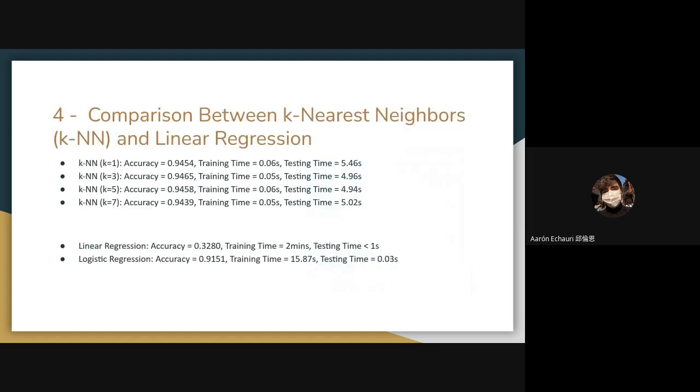But you can see that, for example, if we apply KNN, K nearest neighbors, or logistic regression instead of a linear regression, we actually get a much better accuracy. That's just because those prediction models are better suited for tasks like this, since they can make use of the features more effectively. You can see a comparison between the k-nearest neighbors and the linear regression in the following slide.